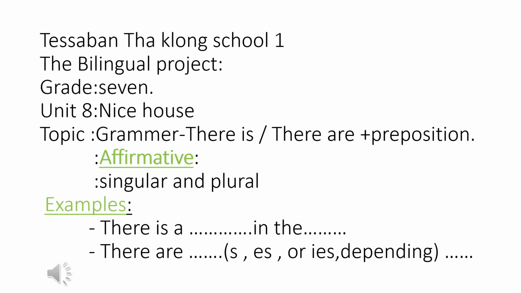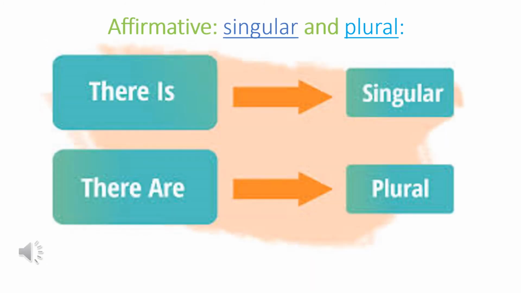In this case, I'm using are because the noun is chairs, meaning it's more than one chair. Maybe there are two chairs, maybe there are 10, and so on. So that's it. As I told you, we are looking at the affirmative, singular, and plural.